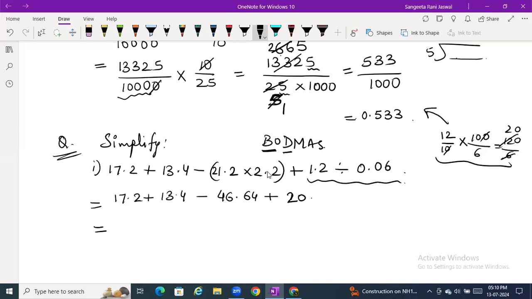Okay. Now what will you do? Then you have addition. Okay, so this is plus number, this is again plus, and this is again plus. So you will add these numbers which have plus sign with them. Okay, 17.2 plus 13.4 plus 20. So what do you get when you add them? 50.6.